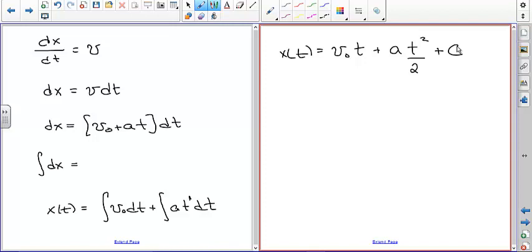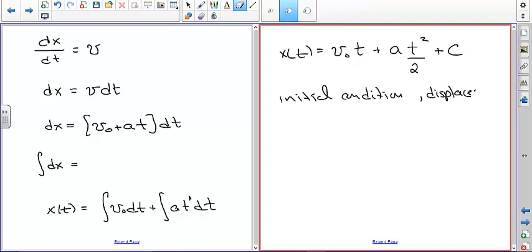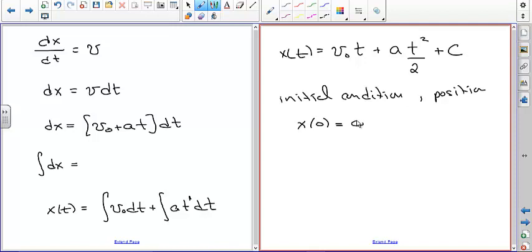The way you handle the arbitrary constant c is we have another initial condition. We have two initial conditions in this case, one for velocity and one for displacement. So the initial condition for displacement, which is x, actually for position, x is really position, not displacement. So for position, the value of the displacement at x equals 0 is 0.